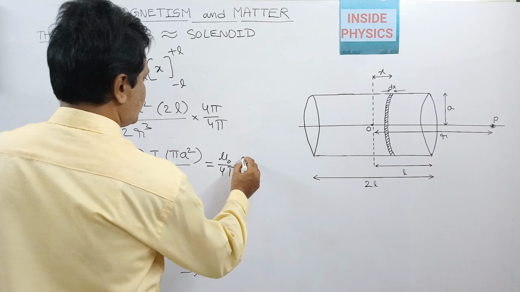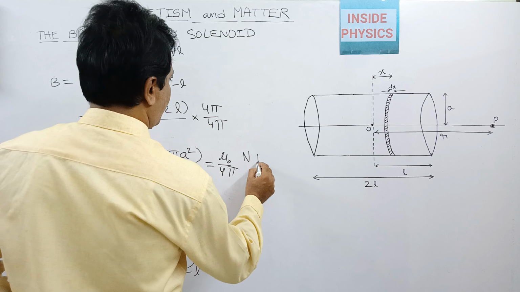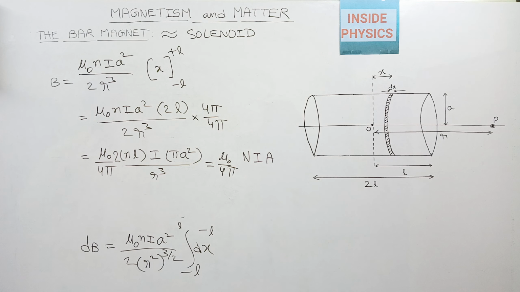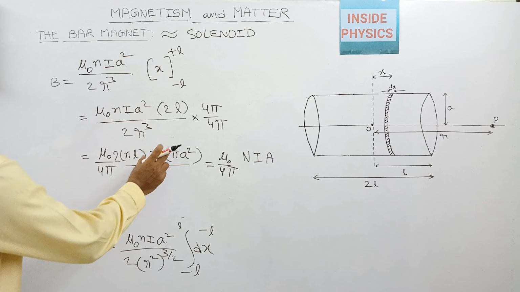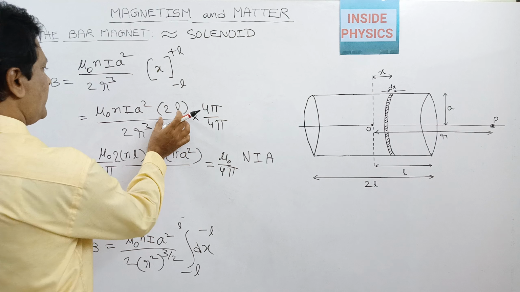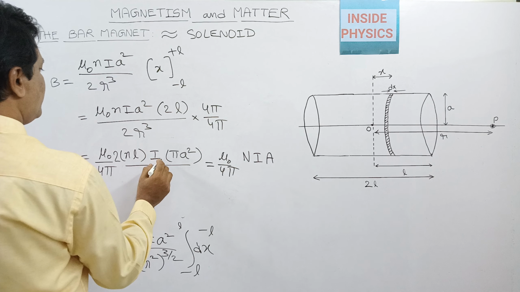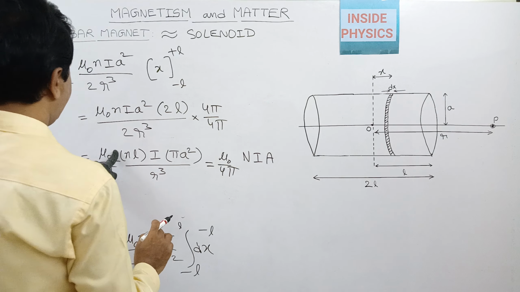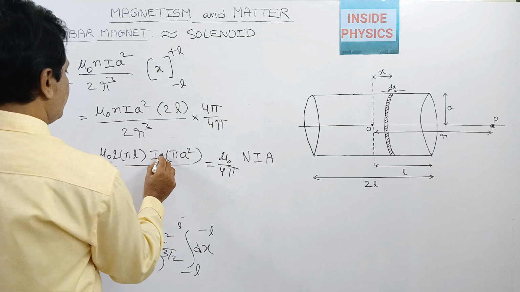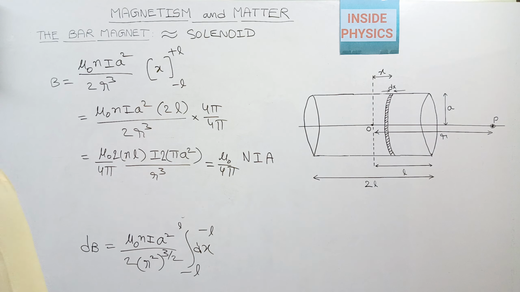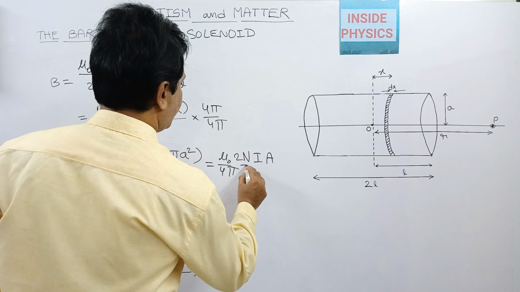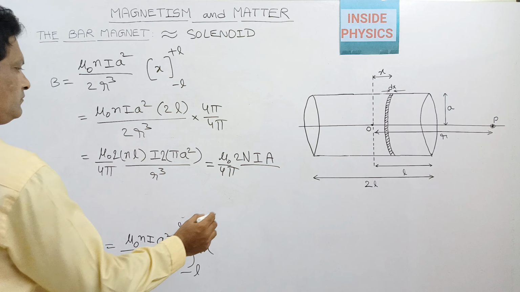This we can write as the total number of turns, and I into A. So this pi a square, 2L, the 2 gets cancelled, and here we can write it as 2 into N I A by r cube.